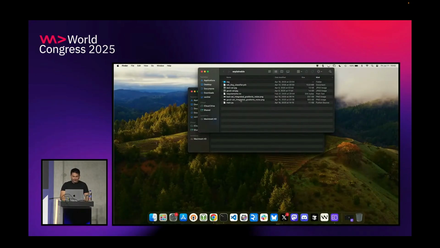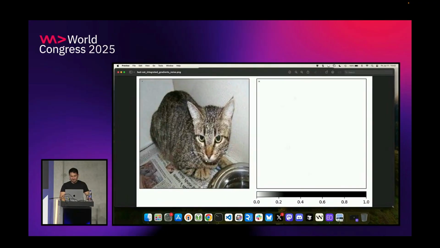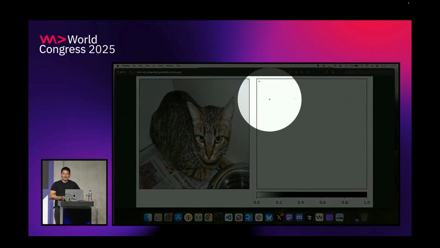So if we open that bad cat picture, run it through Captum, generate the attribution image. Single pixel, look at the attribution image. So Captum's basically telling us this is the thing that helped us decide that this thing was a dog. And that's obviously not right.